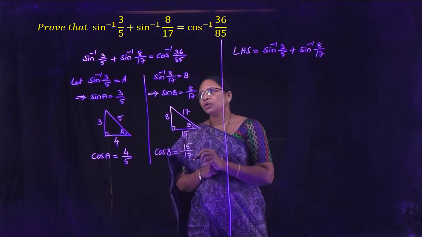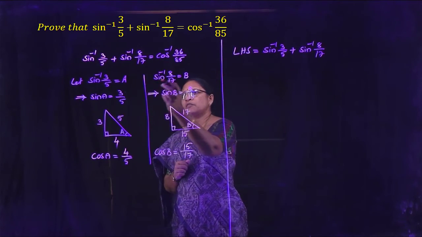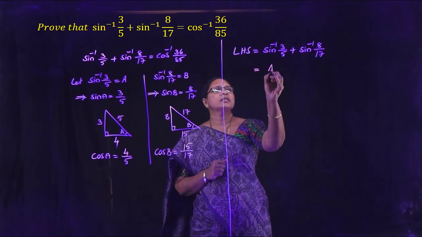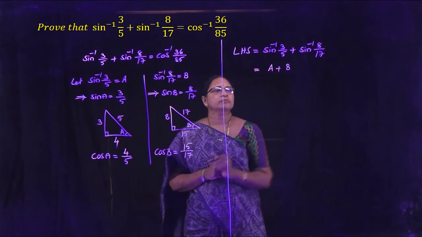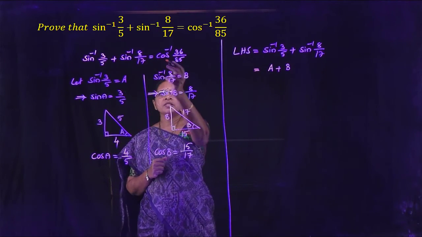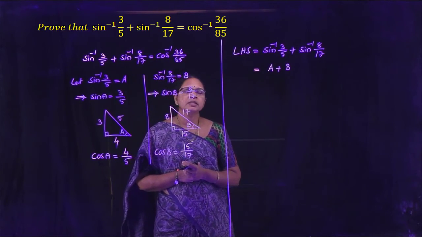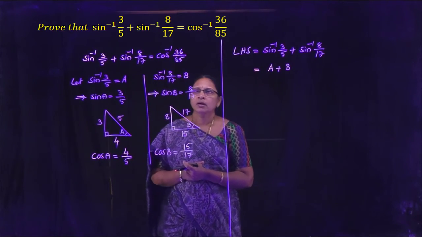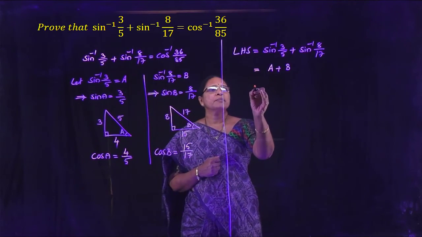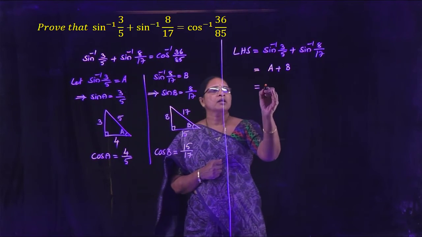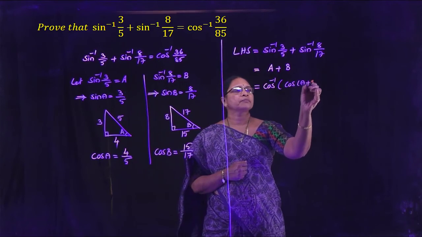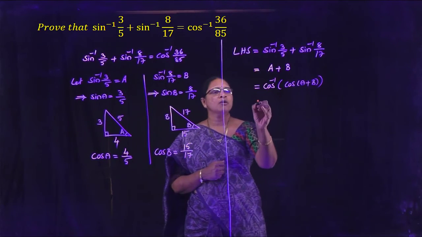Here we note that sin inverse 3 by 5 is A and sin inverse 8 by 17 is B. That is A plus B. Here in the given problem, RHS is cos inverse of 36 by 85. According to the given problem, take A plus B as cos inverse of cos of A plus B.